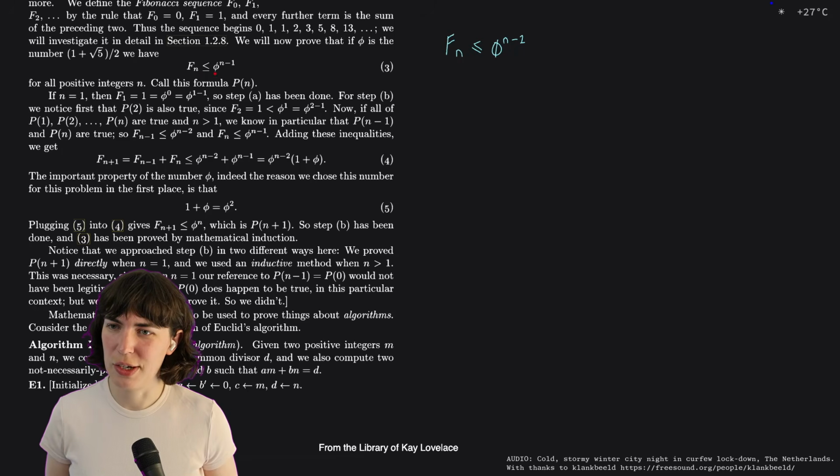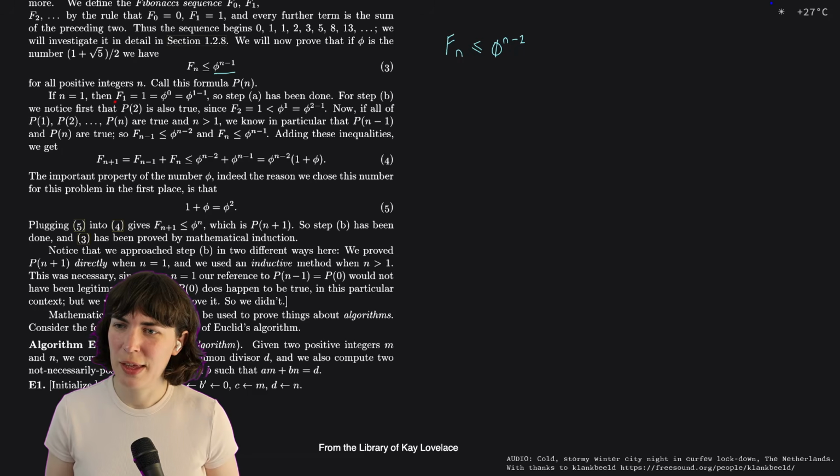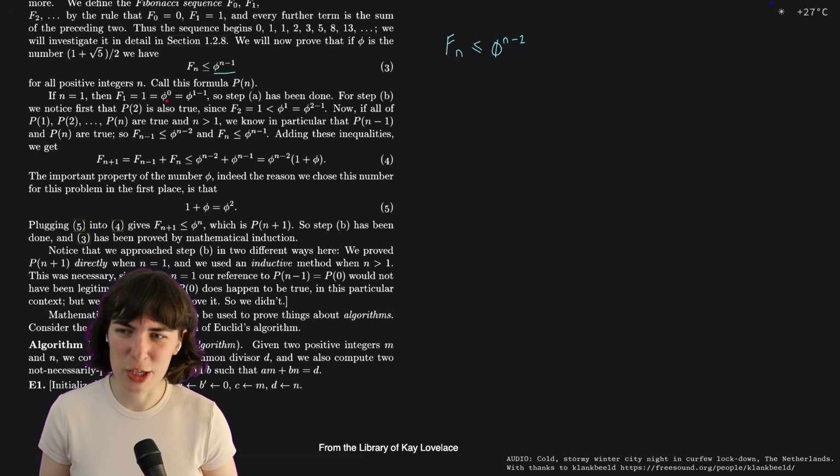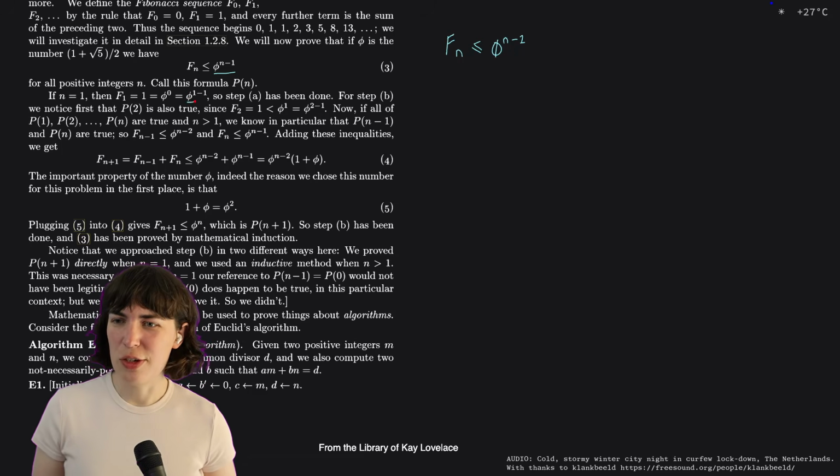So if n is 1, then this is going to be phi to the power n minus 1, which is what he's got at the end. He's demonstrating this by saying if n is 1, then the first item in the Fibonacci sequence is going to be 1, which is the same thing as phi to the power 0, because anything to the power 0 is 1. And then he shows that it's equal to this.